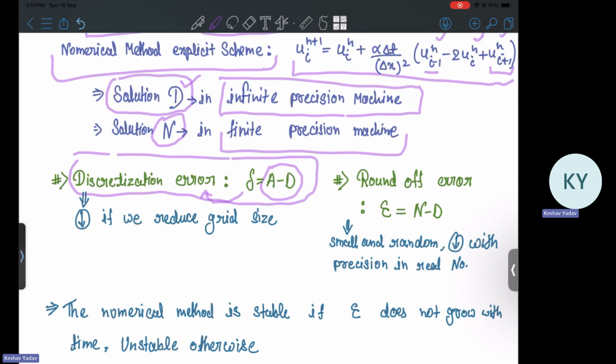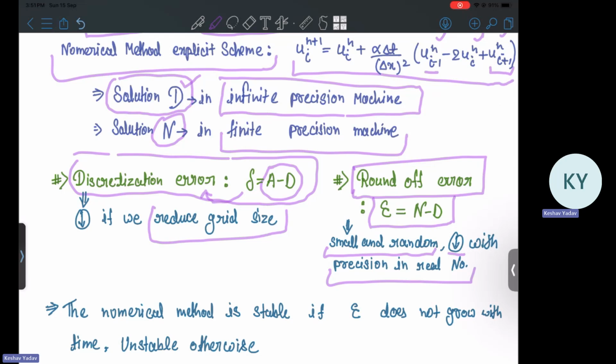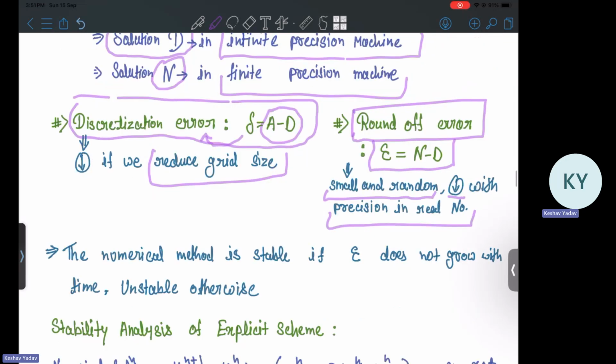This discretization error will reduce as we reduce the grid size. Now the round off error is defined as epsilon, equal to N minus D. Generally this round off error is small and random, and it decreases with the increase in the precision of the real number.